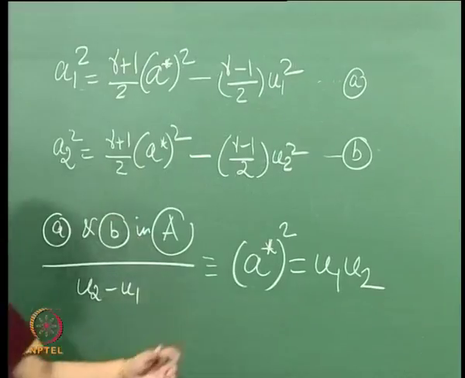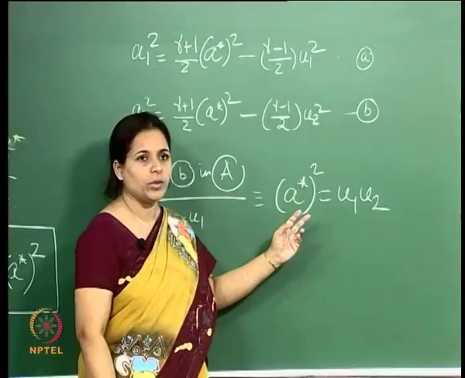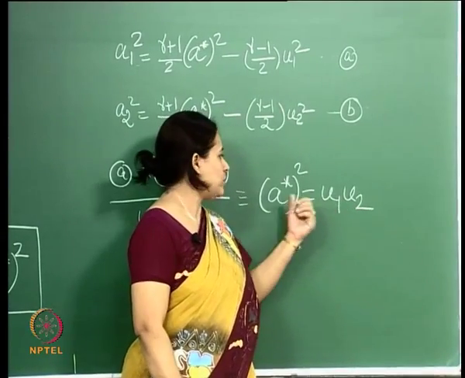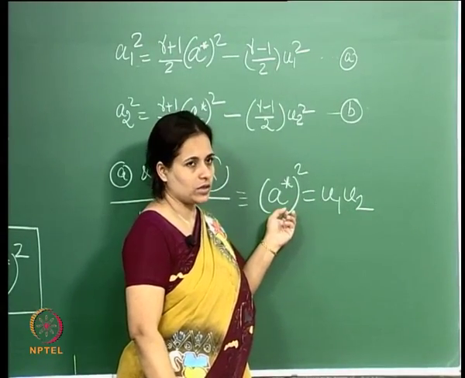So, this is telling us the relationship between the velocities in region 1 and 2 with respect to the sonic zone.